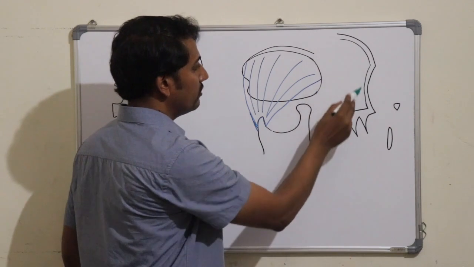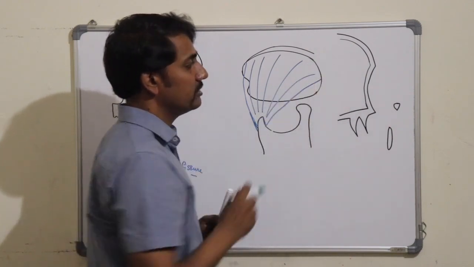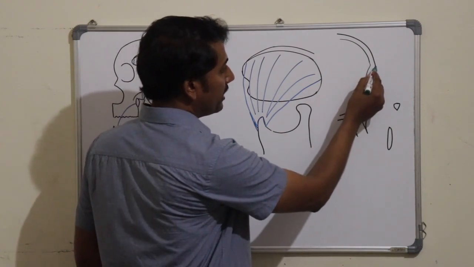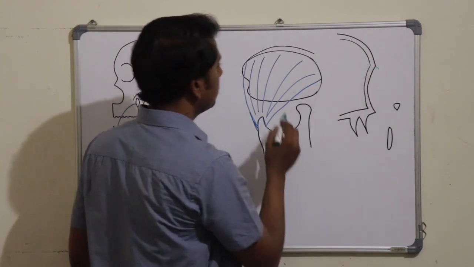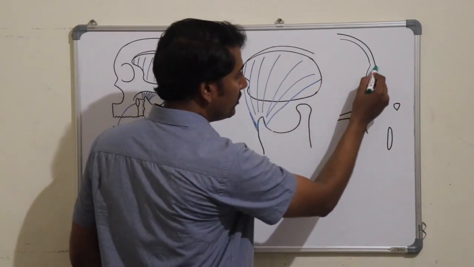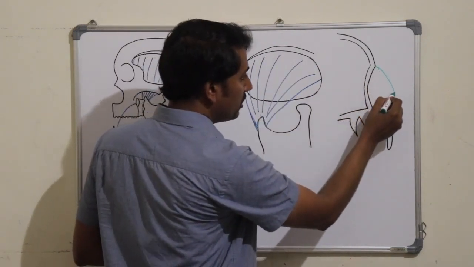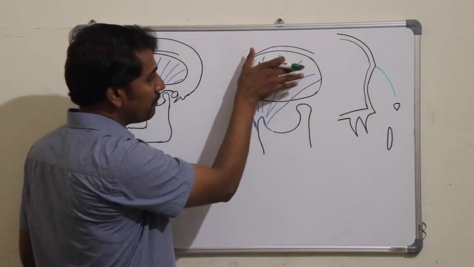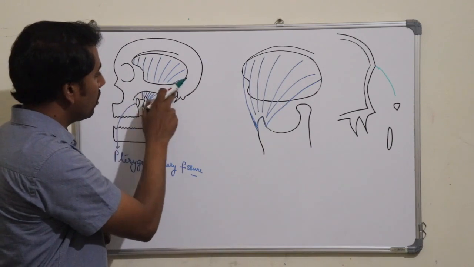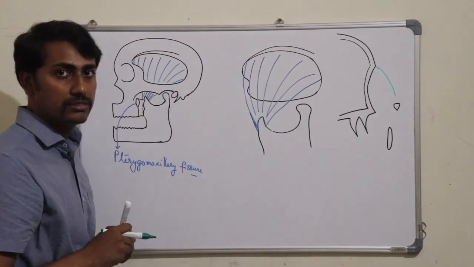And this is the inside of the cranial cavity. From the superior temporal line, that is this line, arises a fascia which is known as temporal fascia, which passes over this temporalis muscle to get attached to the upper border of the zygomatic arch.